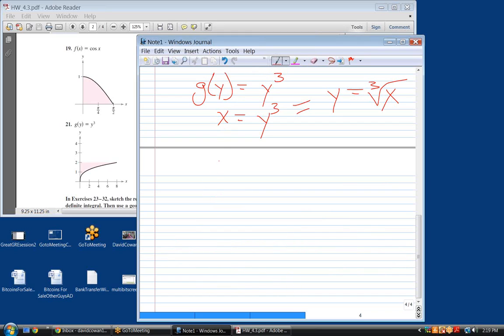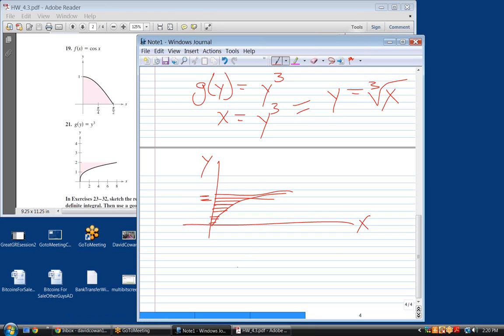In other words, if I want to look at this curve and find this area, I can make my rectangles horizontal like that and do it directly. And then I'm going to integrate on the y-axis because my skinny measurement is dy, not dx.